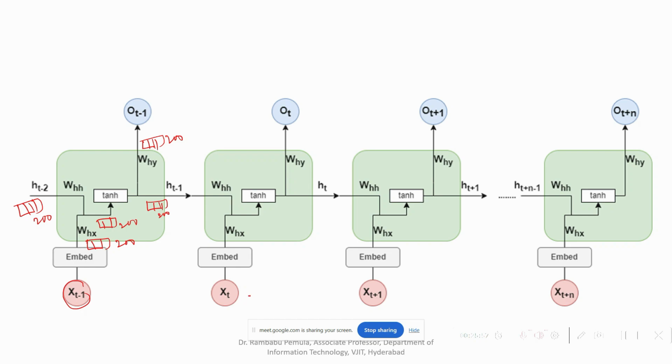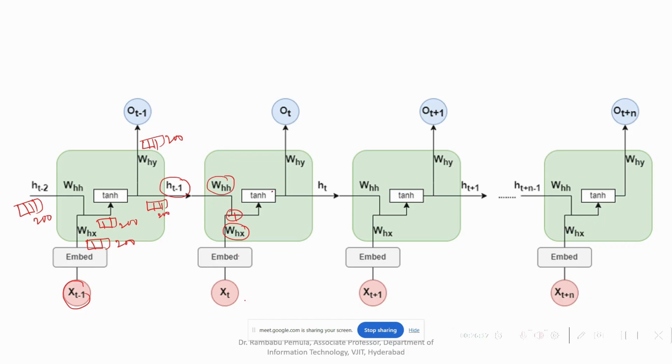Then once again, at time t we read the present node input and embed it, and that embedded word is multiplied by WHX. Whatever the previous node output is, that is multiplied by WHH, and then we perform the sum operation.